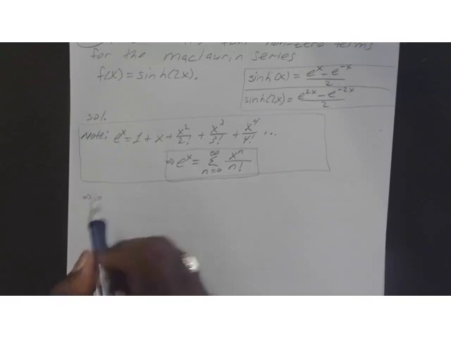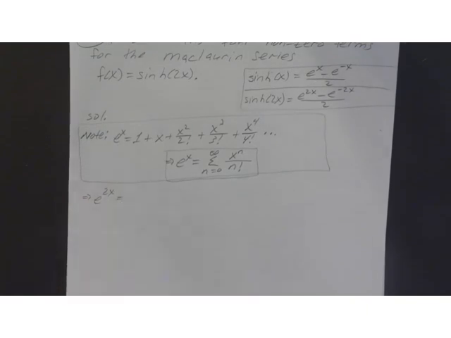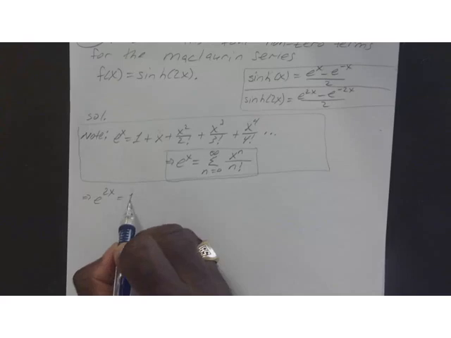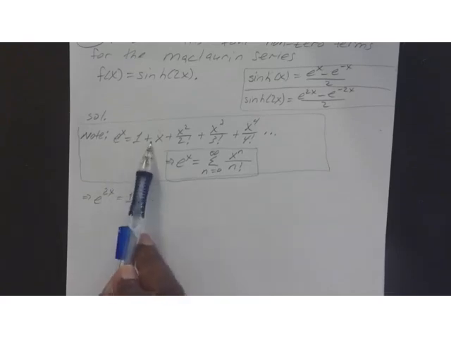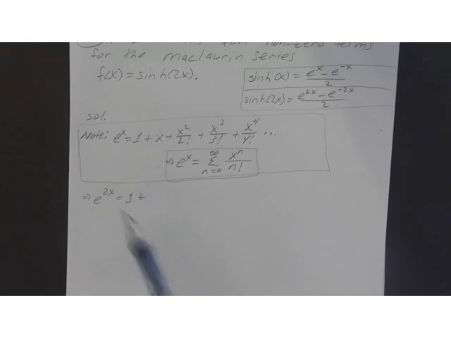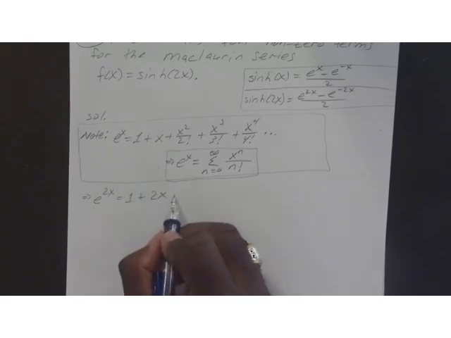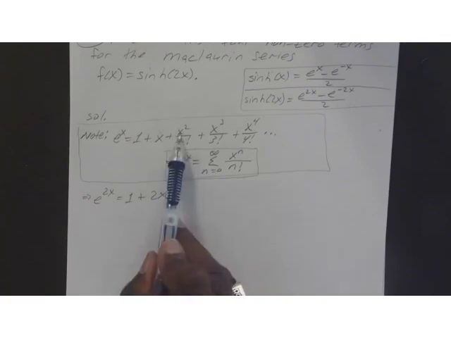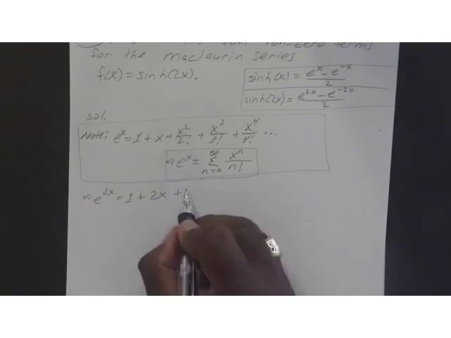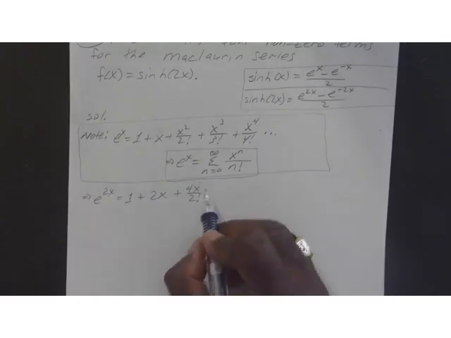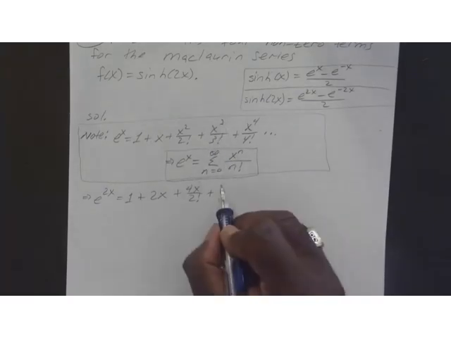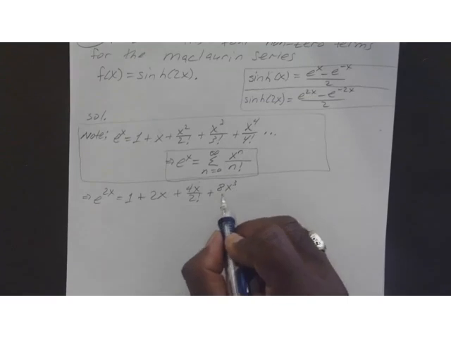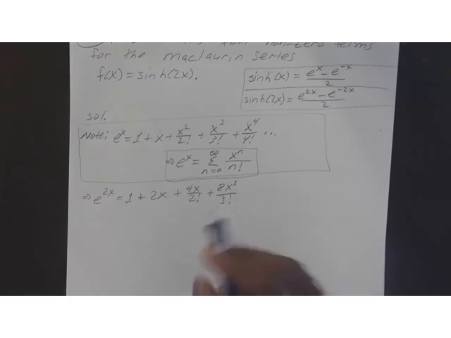That means our e to the power of 2x, we can rewrite that as 1 plus, we're going to replace every x with 2x. So that becomes 1 plus 2x plus 2x squared, which is 4x squared divided by 2 factorial, plus 2x to the third power. 2 to the third power is 8, so 8x to the third power divided by 3 factorial.